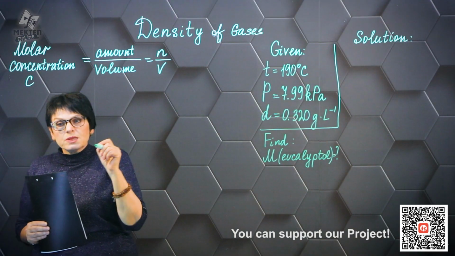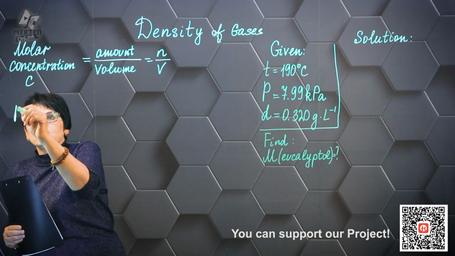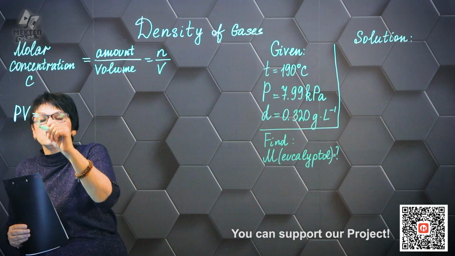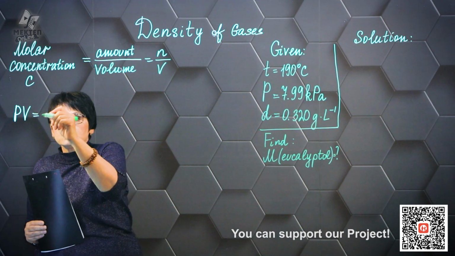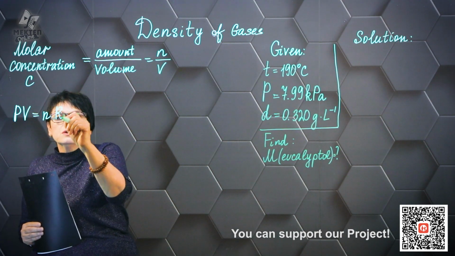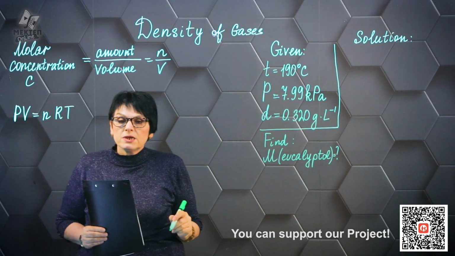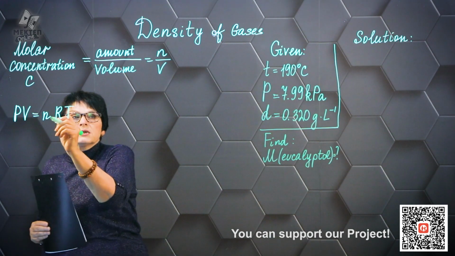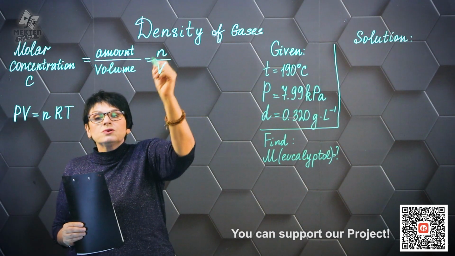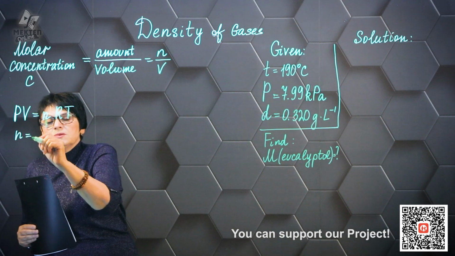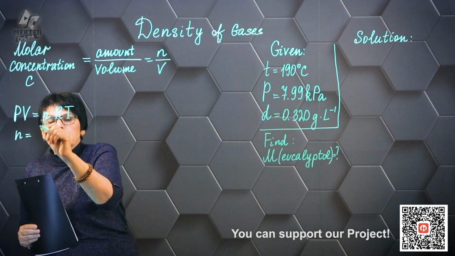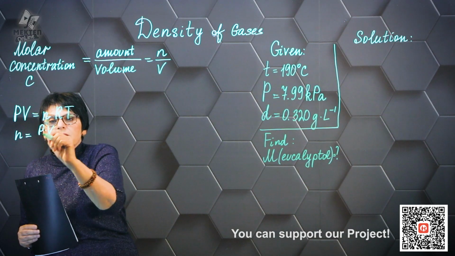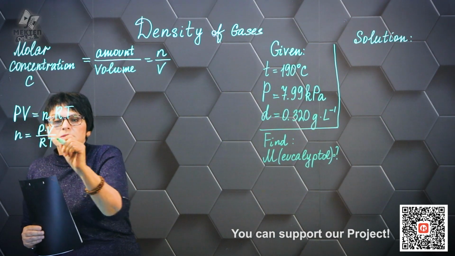Now, to take this further, we need to remember the equation of state of an ideal gas, where pressure, volume, the universal gas constant, and temperature are related to moles. From here we need to derive the moles: n equals P times V divided by RT. Let's do a substitution.